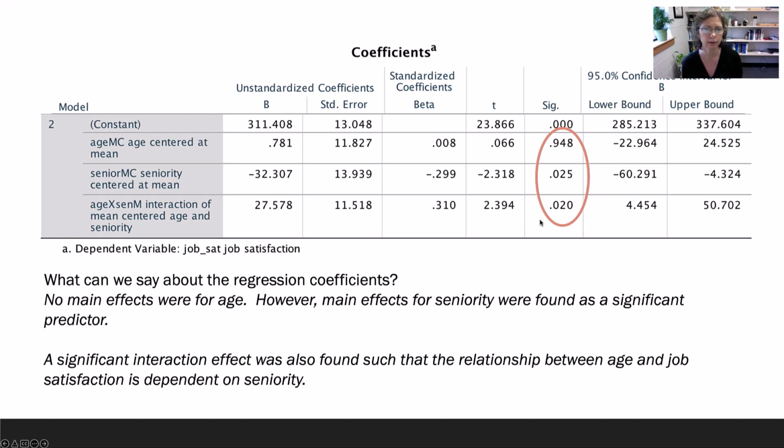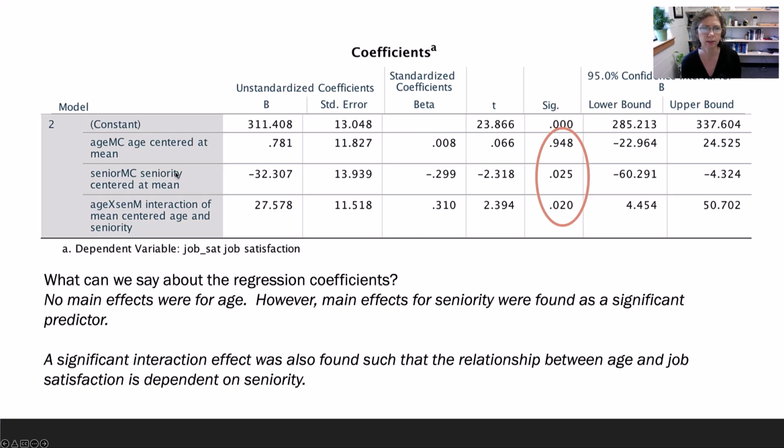And then here, this is the one that we're paying attention to mostly. Our age by seniority interaction term was significant. So that means that the relationship between age and job satisfaction was dependent on someone's seniority, how senior they were.